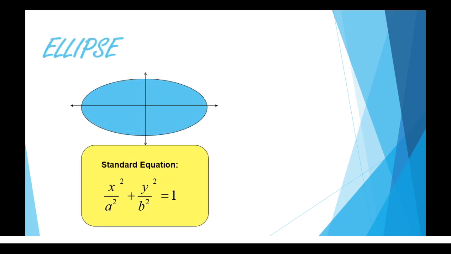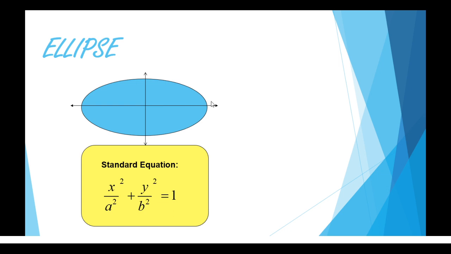Okay, next was an ellipse. So this is the structure which we had got, if you remember. Now the standard equation of the ellipse is given by x square upon a square plus y square upon b square equals 1. Now you might be wondering, what is a square and b square? A is the distance from this point to this point.